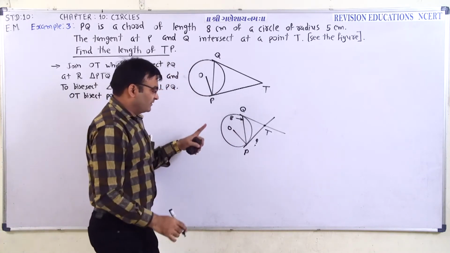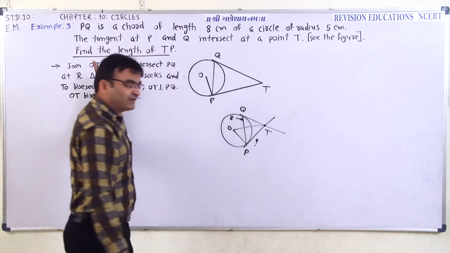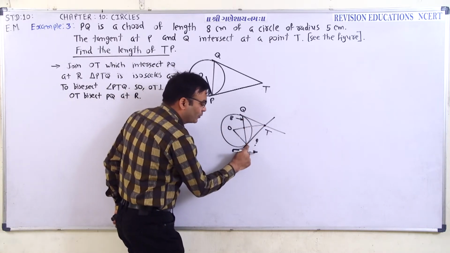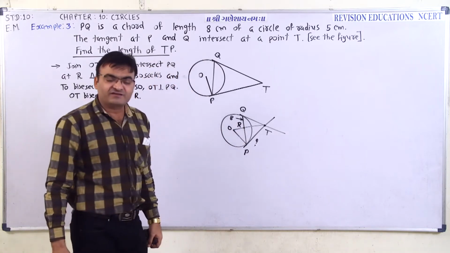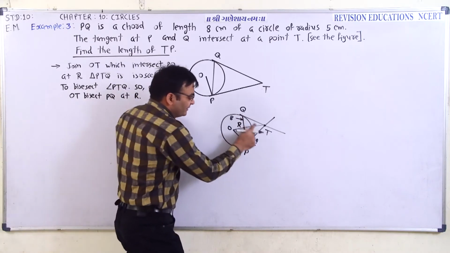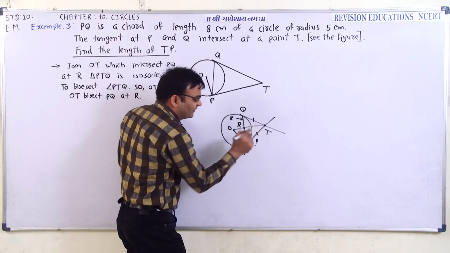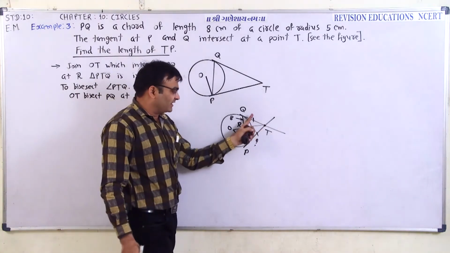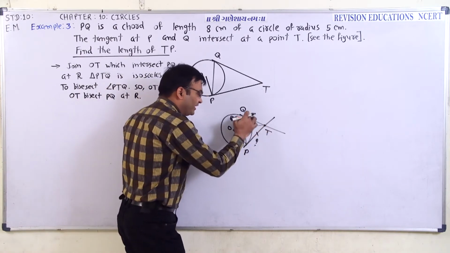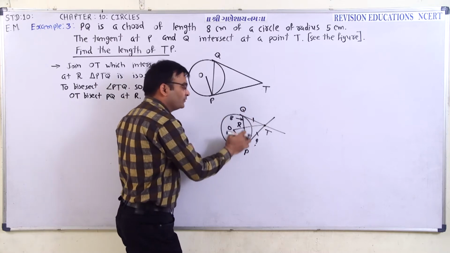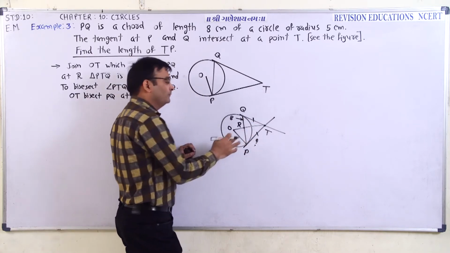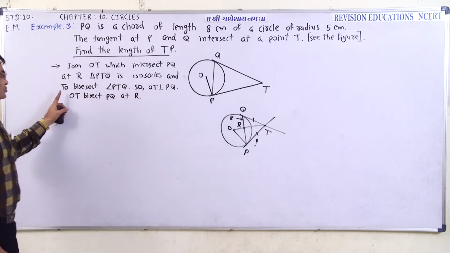Now, before that, what do we do? Join OT, which intersects QP at R. PTQ is an isosceles triangle, so OT bisects PQ.